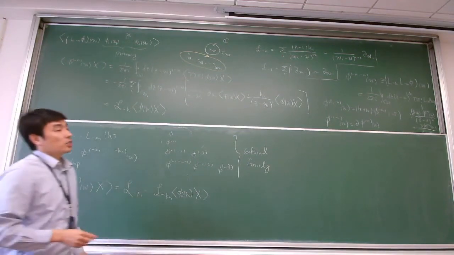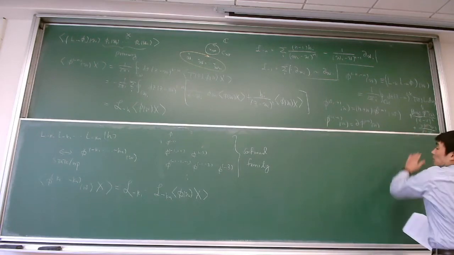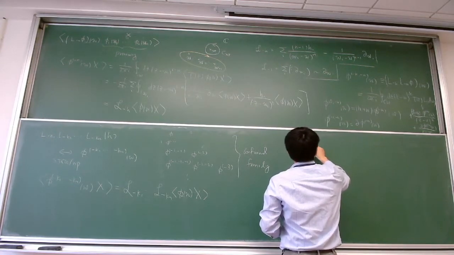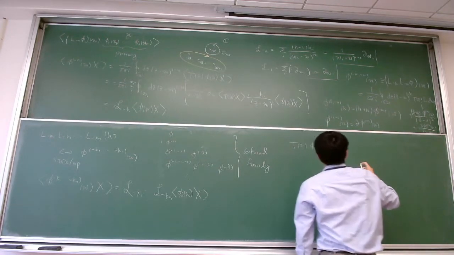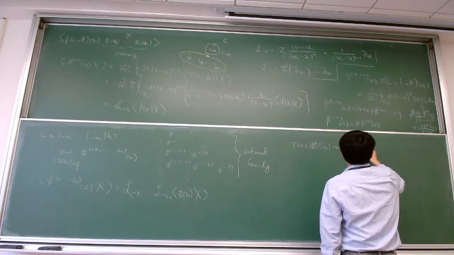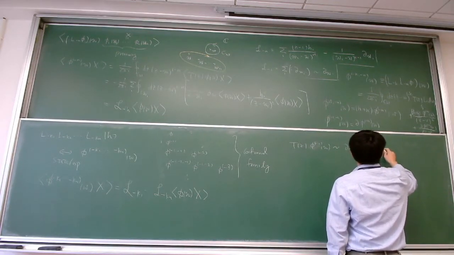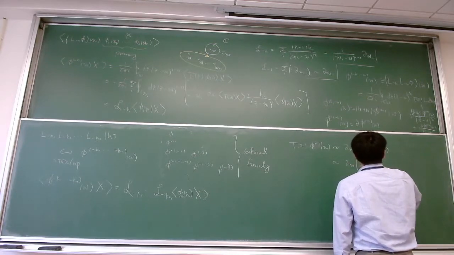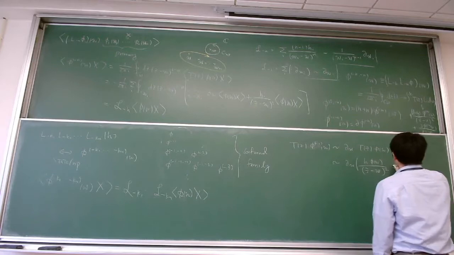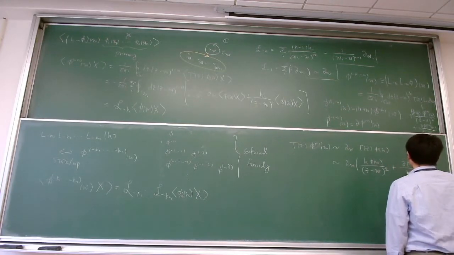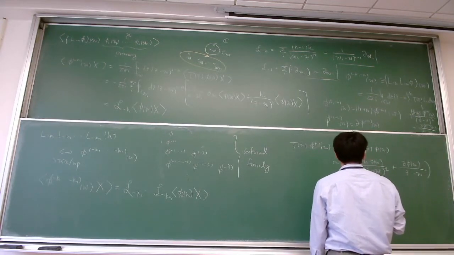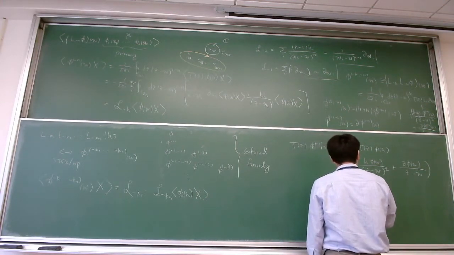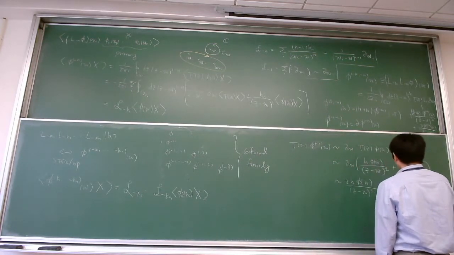Okay, let me just show you an example of that. For instance, if you look at T(Z) phi(W), this is indeed equal to H phi(W) over (Z minus W) squared, and then over (Z minus W) cubed plus (H plus 1).